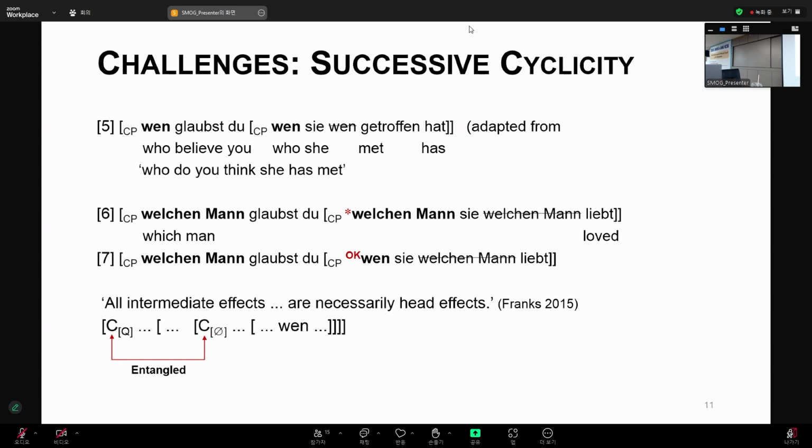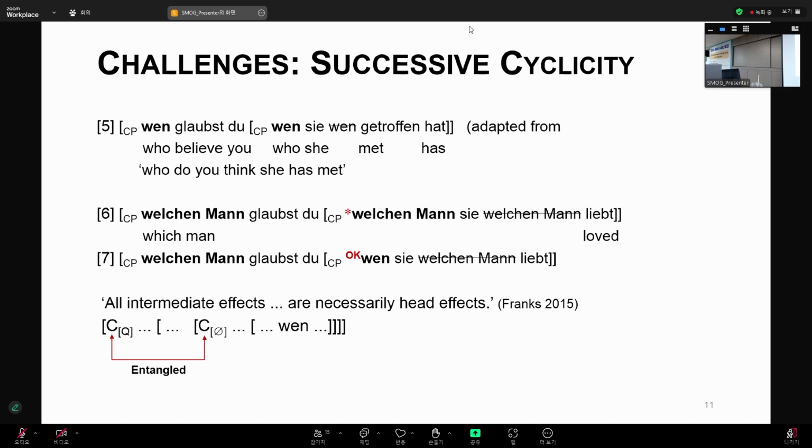So when it moves, it appears first in the specifier of the embedded CP, and then the specifier of the highest CP, so overtly manifested. This is sometimes called WH copying. This is clear evidence for the effect of successive cyclicity, right? So the question is, how can I accommodate or incorporate this evidence into my DA model?